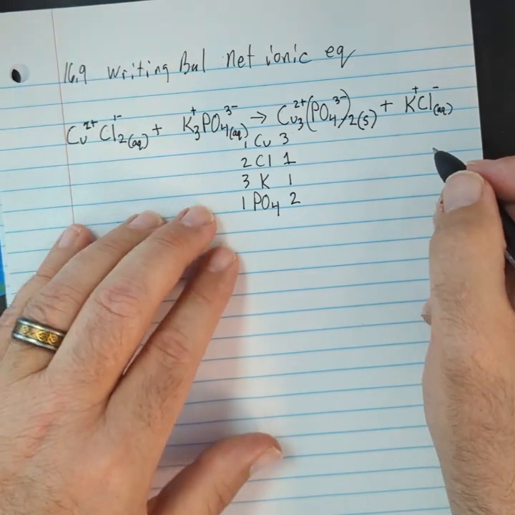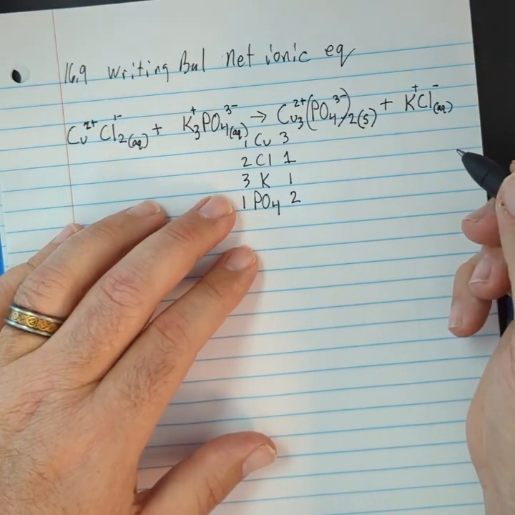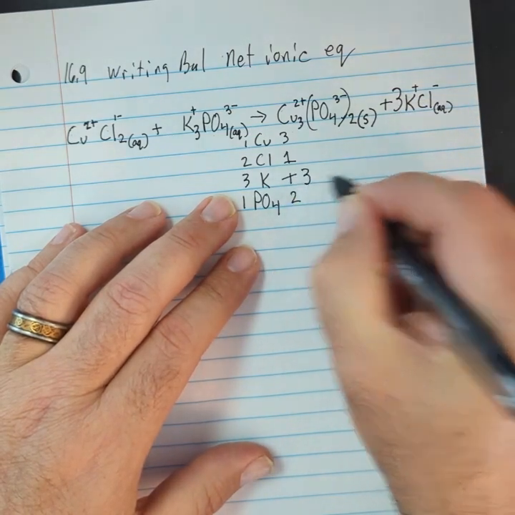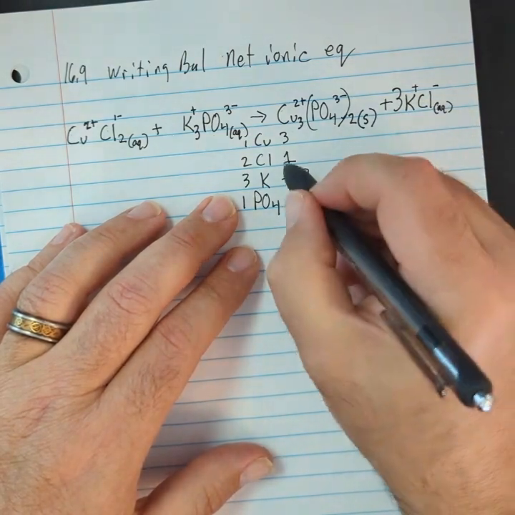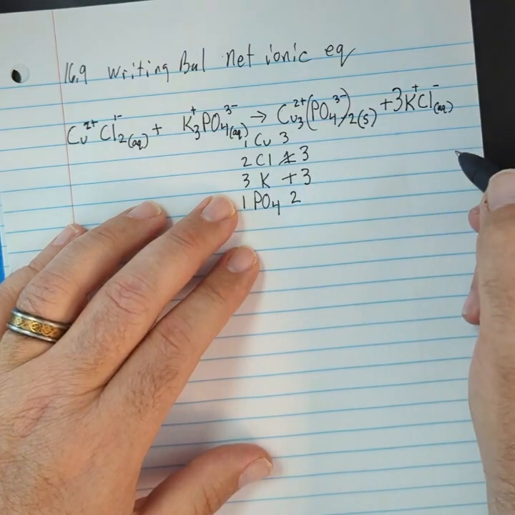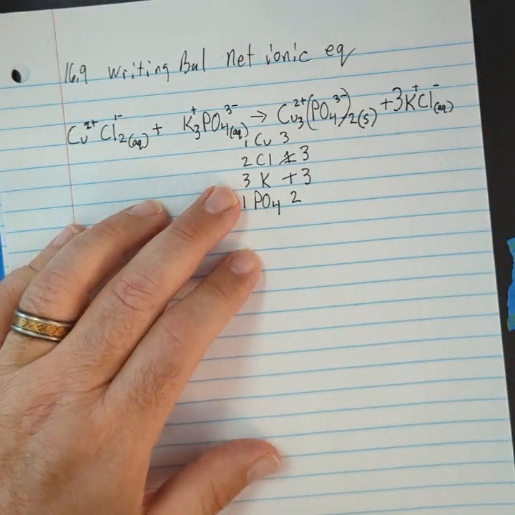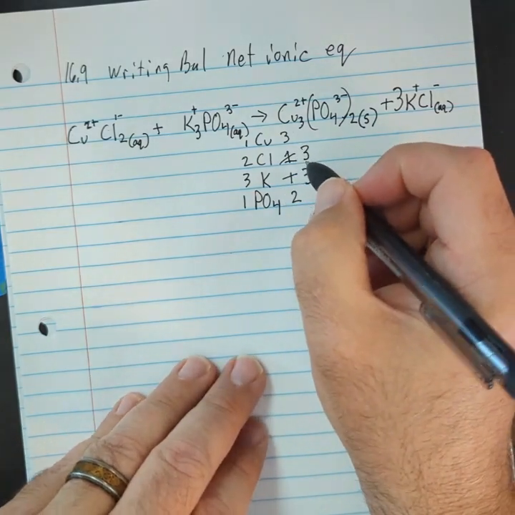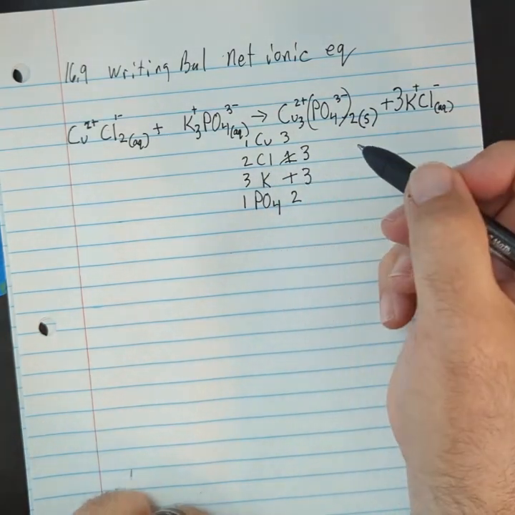Okay, so, well, I'm going to put a 3 here. That gives me 3 potassiums and 3 chlorines. All right, but then I'm going to need more chlorines on the other side. So the lowest common multiple of 2 and 3 is 6.